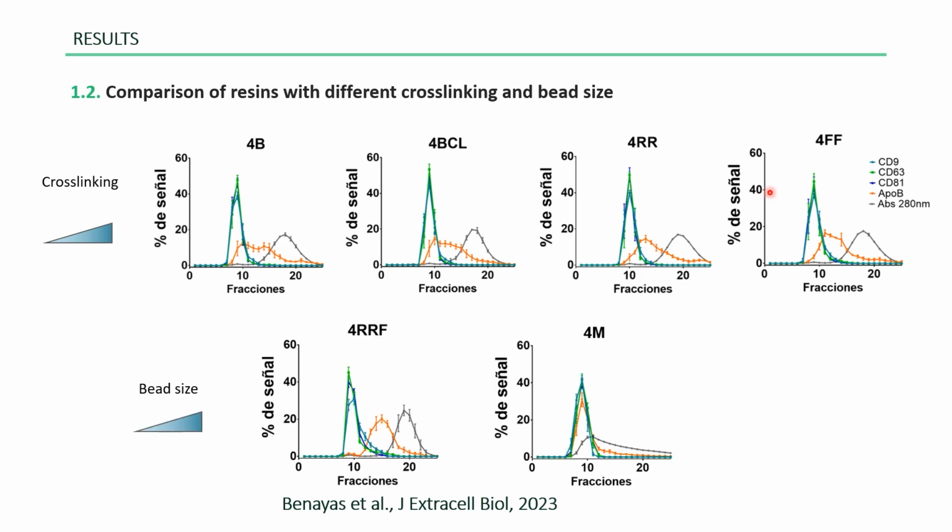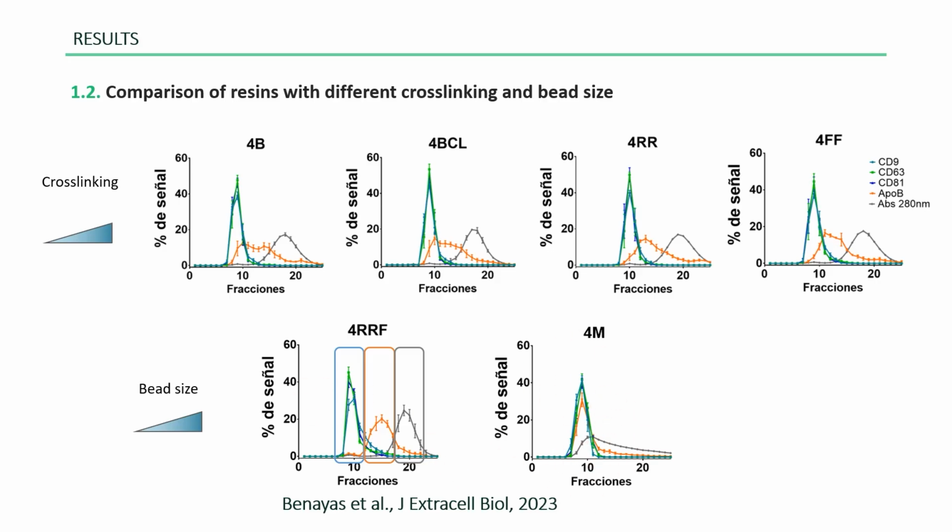But if we change the size of the agarose beads, then things really improve. With the small bead resins, we can really resolve EVs from lipoproteins and soluble protein. And if you use big resin beads, then the thing gets worse.